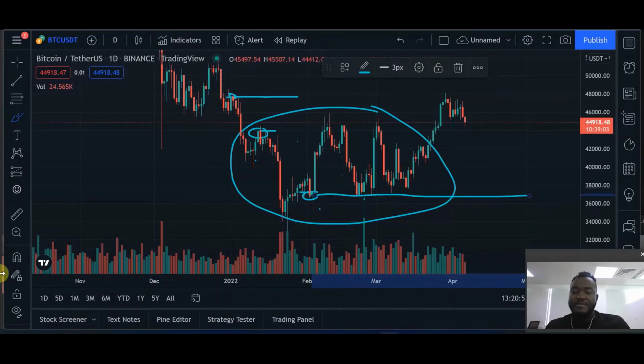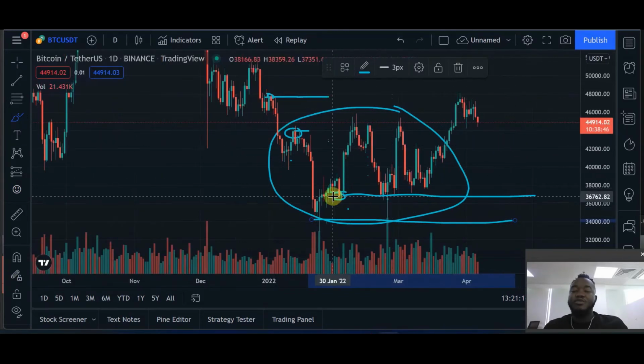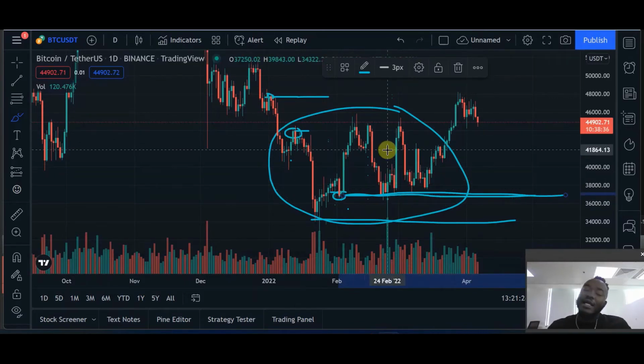Okay, now for every downtrend we look up to here and here. Yes sir, this is our first and this is our second. Now in every dump, now that BTC is dumping, we look up to here as our point of interest, and definitely sometimes it will fall to here before the pump you are expecting will happen.